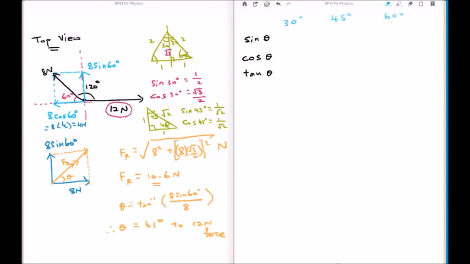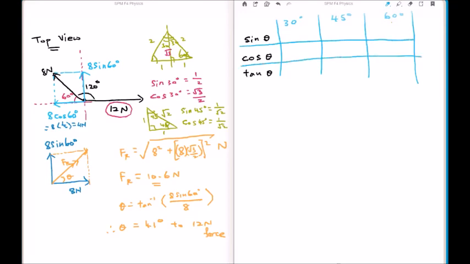Okay, from these two triangles, you should be able to set up a table. I don't mind helping you out with that over here, just in case you've forgotten those values.